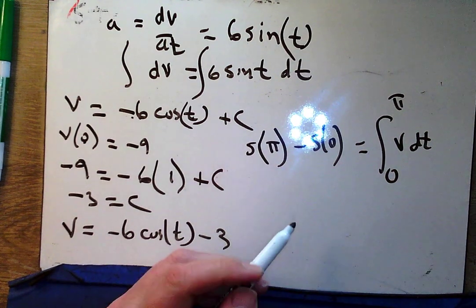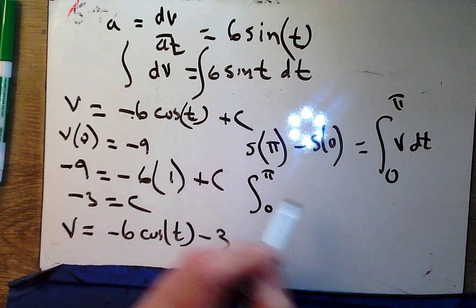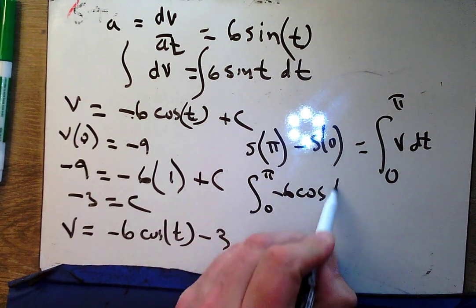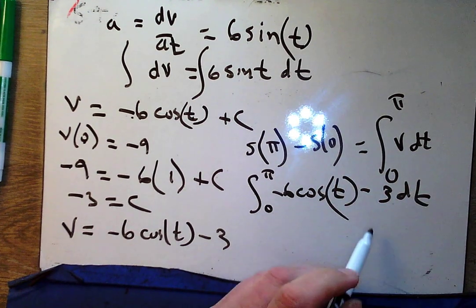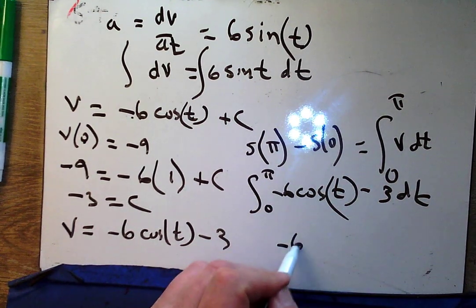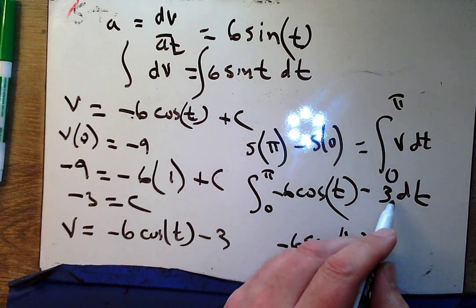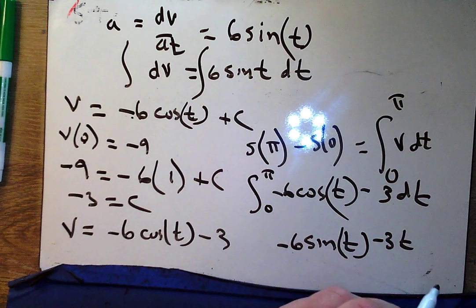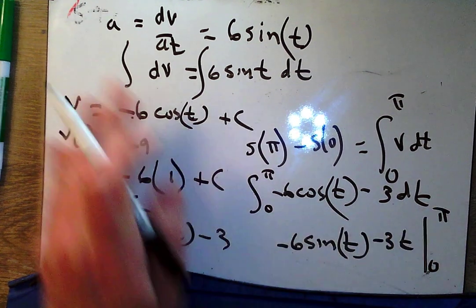Let's say the integral from 0 to pi of negative 6 cosine t minus 3 dt. So the antiderivative here will be negative 6 sine t, and the antiderivative here will be minus 3t, going from 0 to pi.